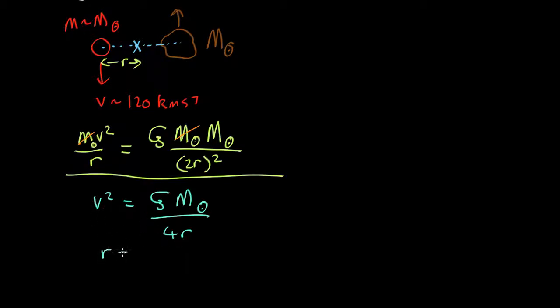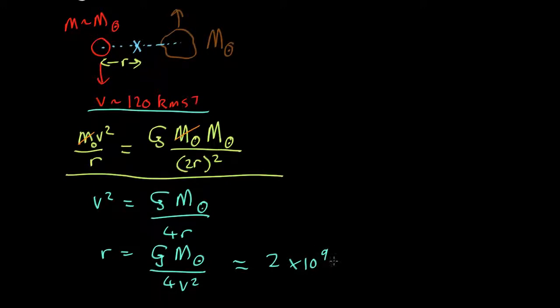You end up with r equals G M sun over 4 v squared. Plug in the velocity of 120 kilometers per second, and that comes out as about 2 by 10 to the 9 meters. Now that's a very interesting number.